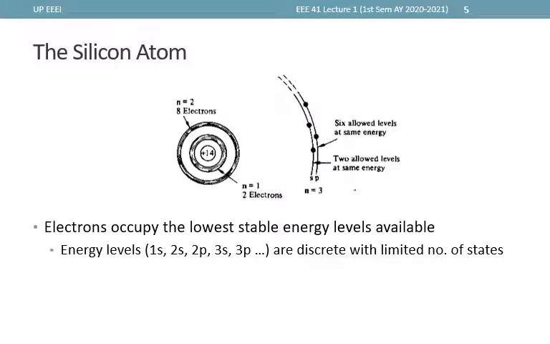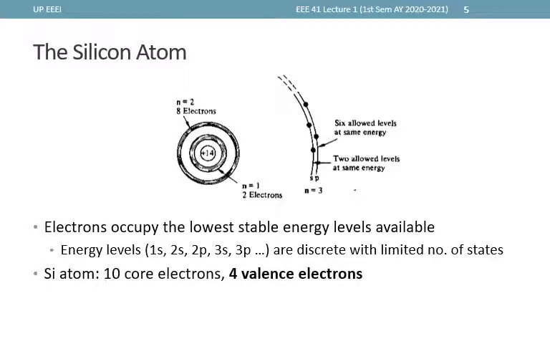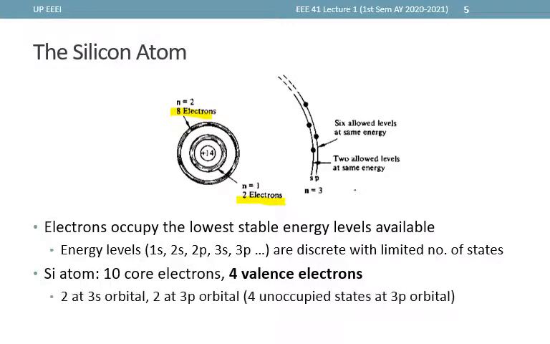For the case of an isolated silicon atom with 14 electrons, 10 electrons fully occupy the 1s, 2s, and 2p energy levels. These electrons are referred to as the core electrons and do not actively play a role in carrying currents in semiconductors. The remaining 4 electrons lying in the 3s and 3p energy levels are called the valence electrons and will be of our interest for this course.